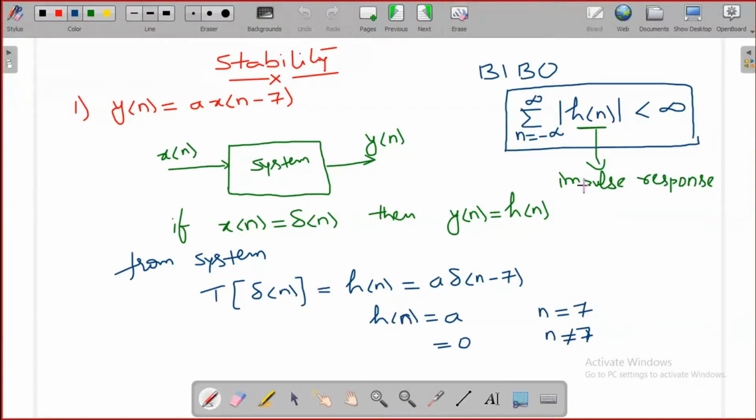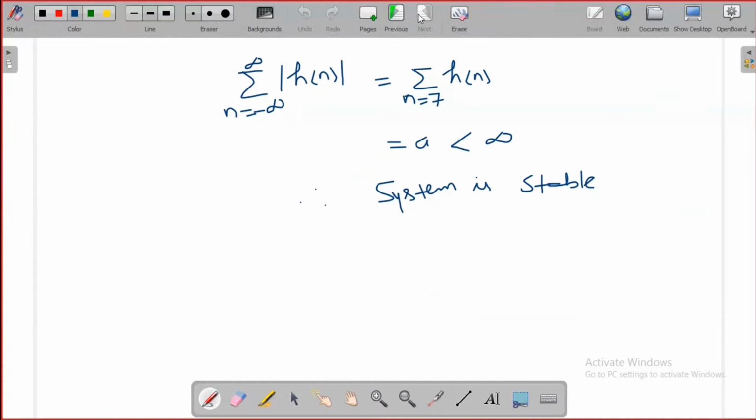After getting the impulse response, you know the condition for stability: check whether the impulse response is absolutely summable or not. If it is absolutely summable, conclude the system is stable, otherwise unstable. Okay, let's take one more.